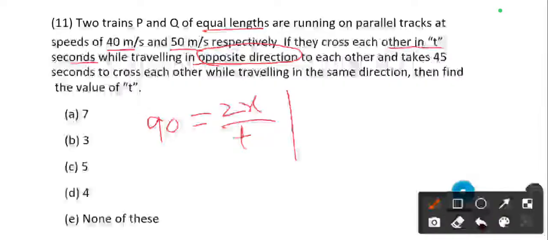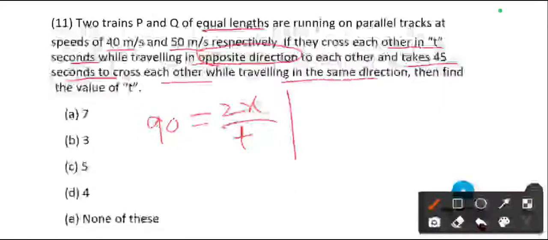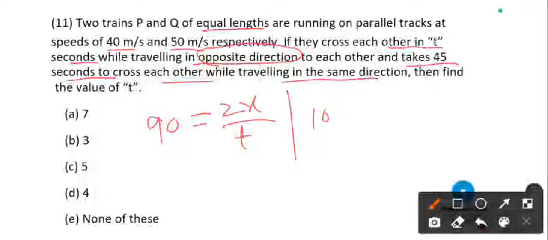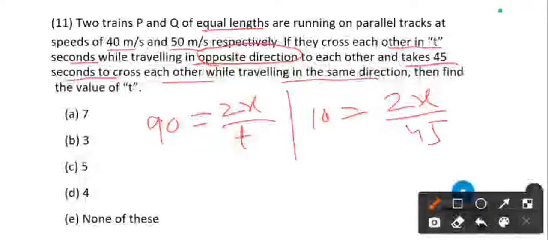Again it says they take 45 seconds to cross each other while traveling in the same direction. In the same direction it will be the difference, which will be 10 meters per second. 10 equals total distance 2x divided by time, which is 45 seconds.